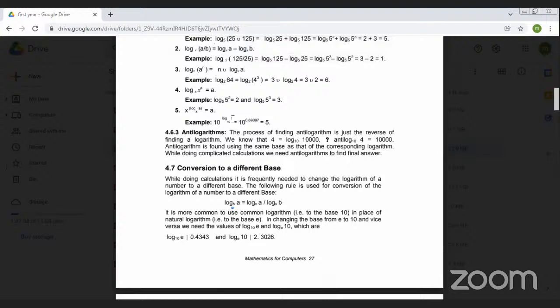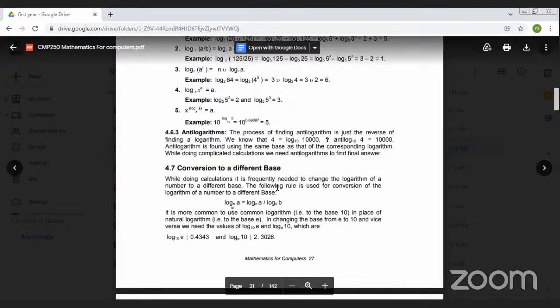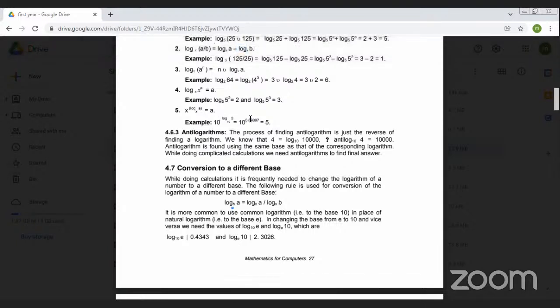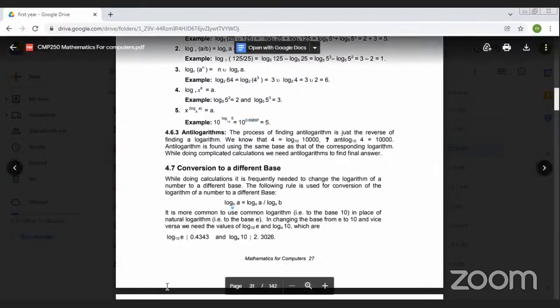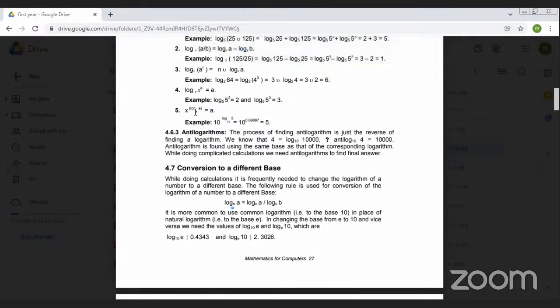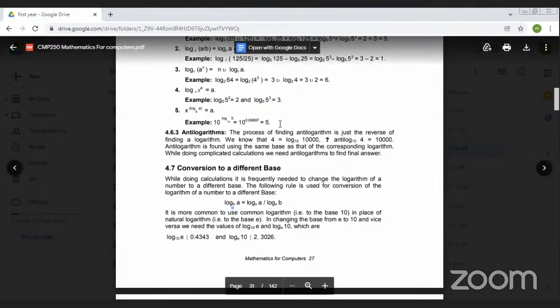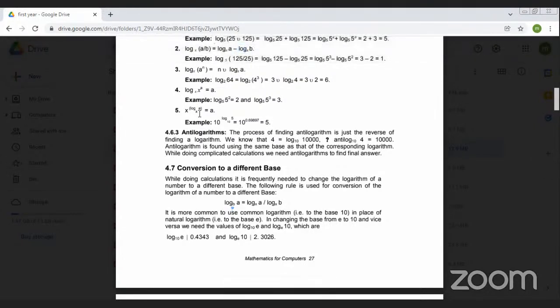If you have log base 5, so this value should be what? It should tend towards 5. How do you get it as 5 then? It should be 5 or it should be 10.